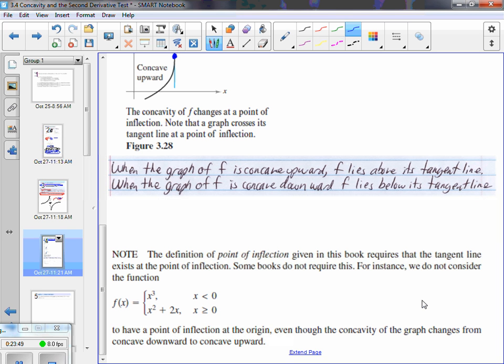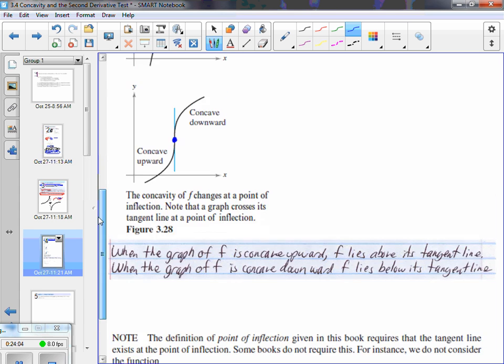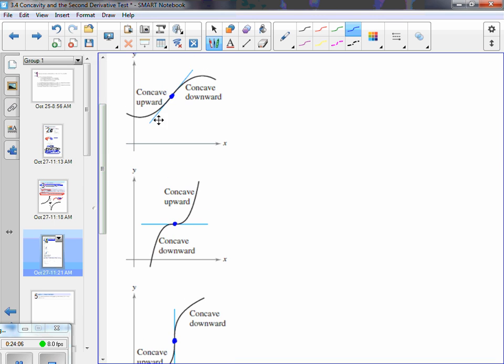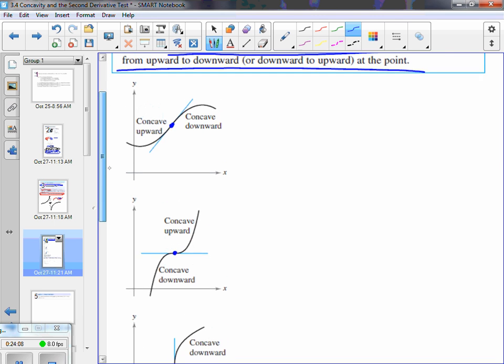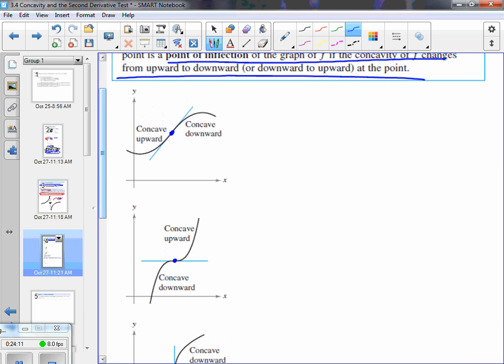So when the graph of f is concave up, or here's something else, I haven't talked about this yet. When the graph of f is concave upward, the graph is always above the tangent line. And when the graph of f is concave downward, it's always below the tangent line. All right, that's a handy way to look at it. Let's look at it here, this top one. The graph is concave upward at first, and look where the tangent lines would be if you draw them in.